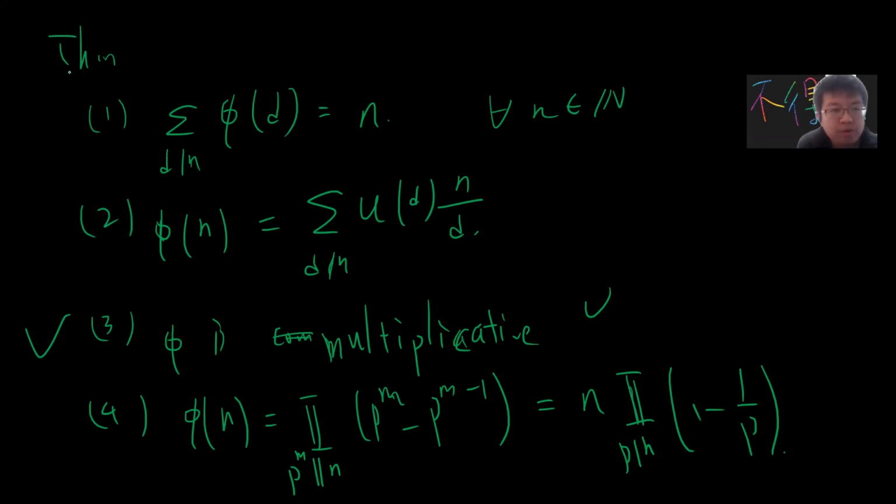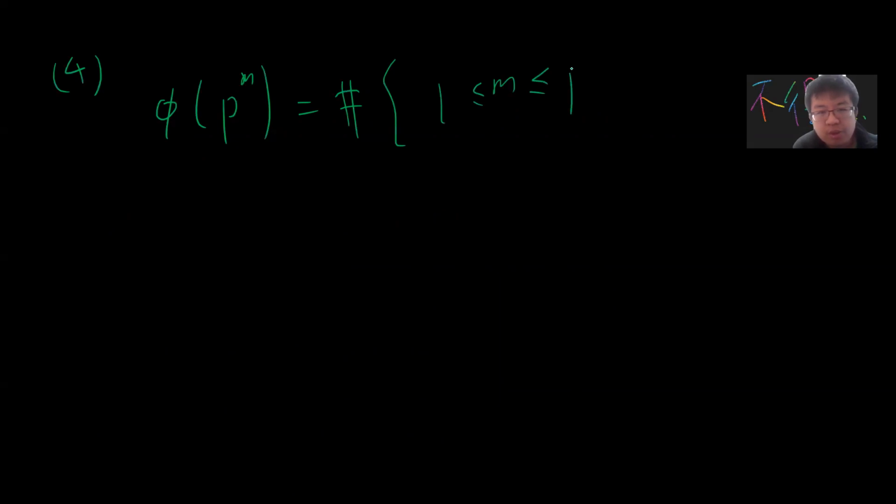So number 4, I think proving it is trivial. Because phi is multiplicative, I only care about phi of p to the m. This is the number of integers x less than or equal to p to the m where GCD of x and p to the m is 1.